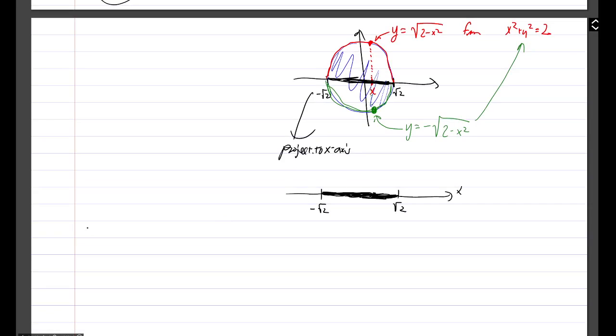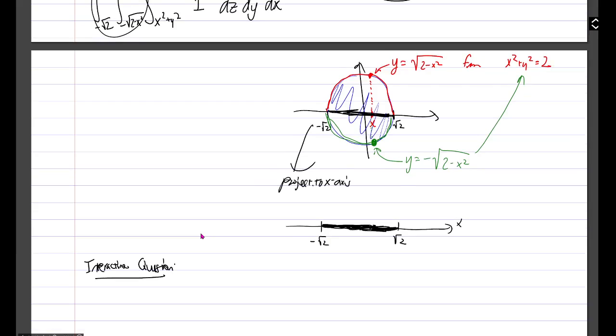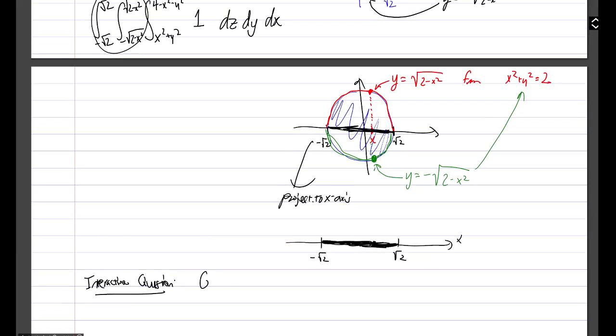Okay, interactive question. It'd be really nice to do the following: take this integral, given what we had at the top of the page: integral from negative root 2 to positive root 2, integral from negative root 2 minus x squared to positive root 2 minus x squared, integral from x squared plus y squared to 4 minus x squared minus y squared of the function 1.